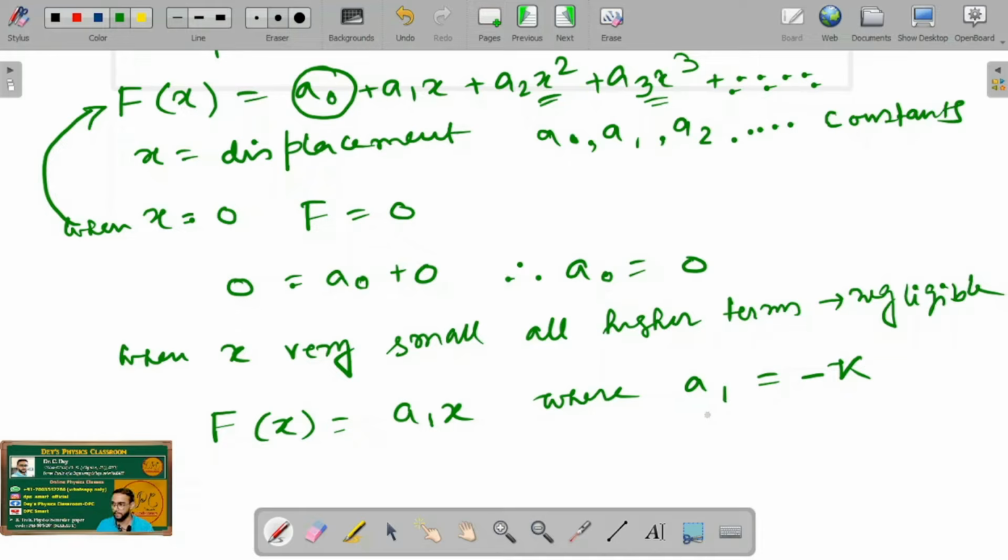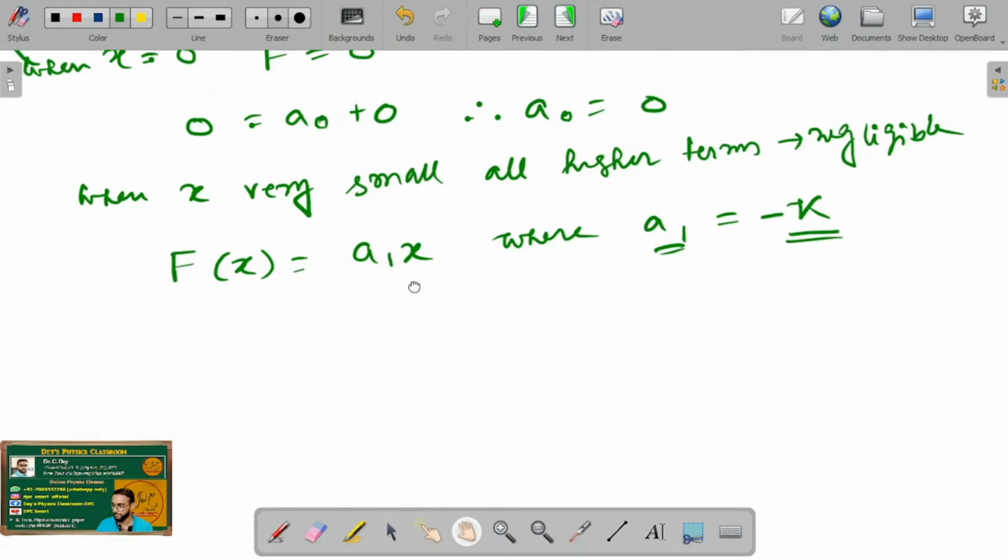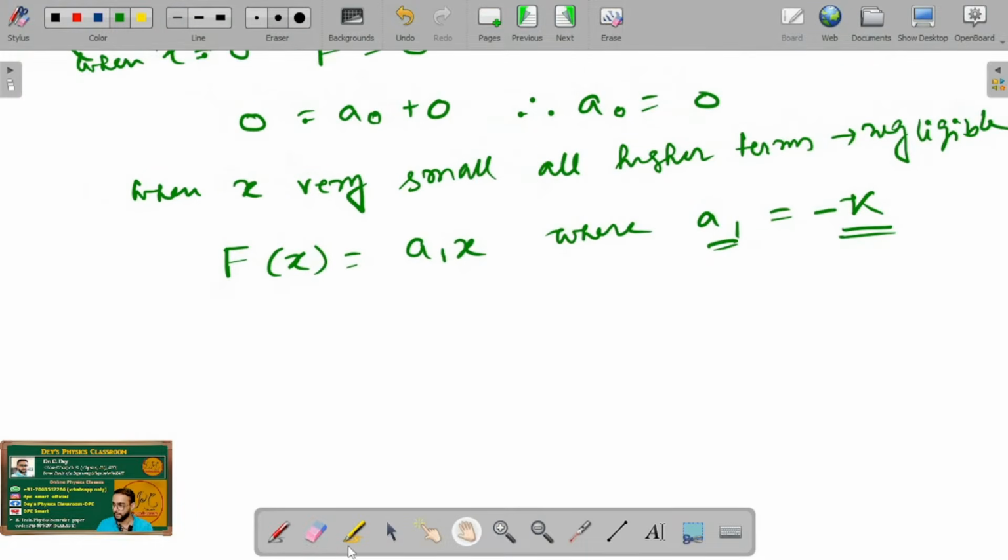The restoring force tries to bring the particle back to its rest position or initial position, that's why we put the coefficient a1 equals a constant minus k. So finally the restoring force F(x) equals minus k into x.